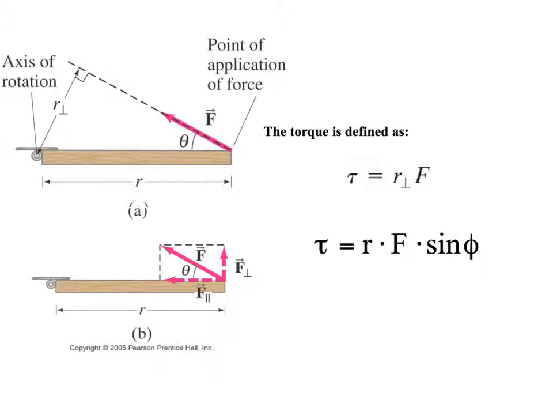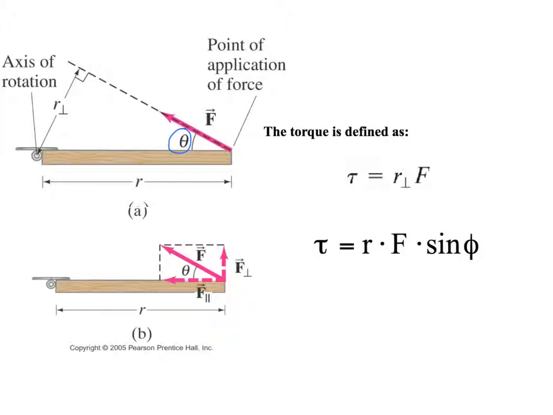So what happens when you're applying a force at an angle? So instead of that force being at 90 degrees to the radial arm, you now have your force at some angle theta. Well, we kind of looked at a similar situation, although it's not going to be exactly the same. But when we talked about work, we talked about the fact that when you had a force that was producing work, the force had to be in the same line of motion as the displacement.